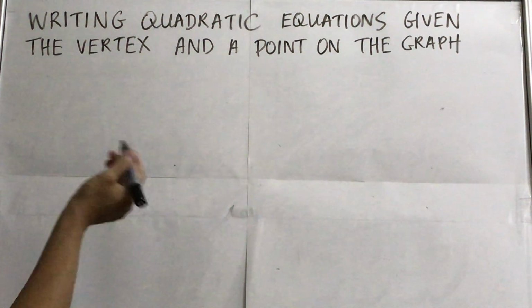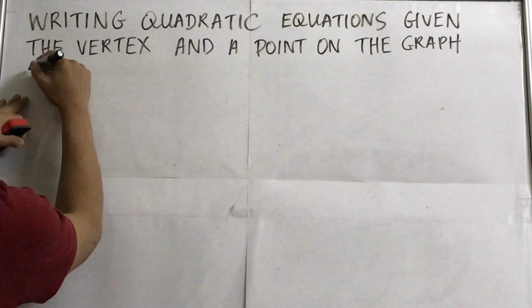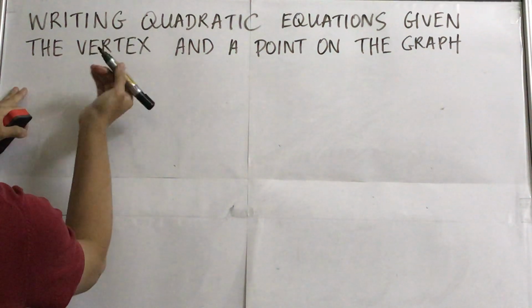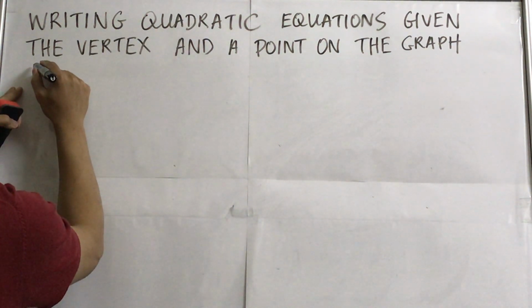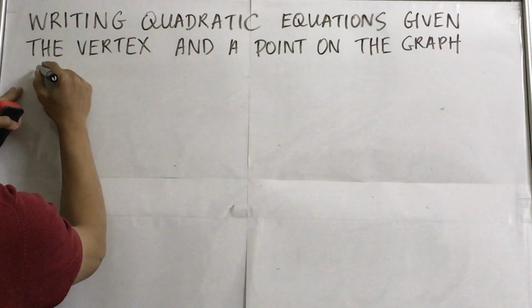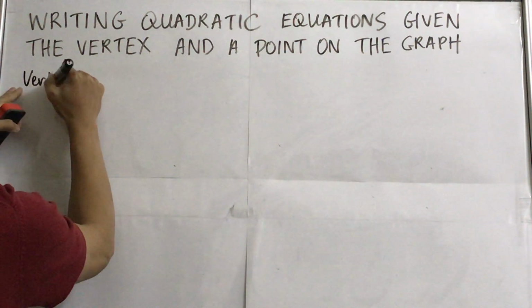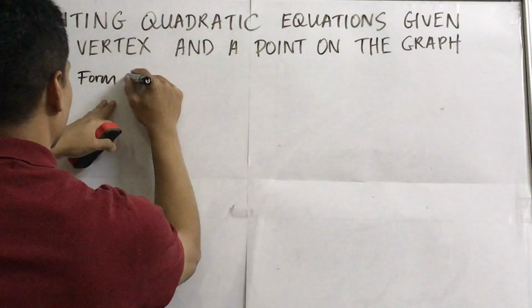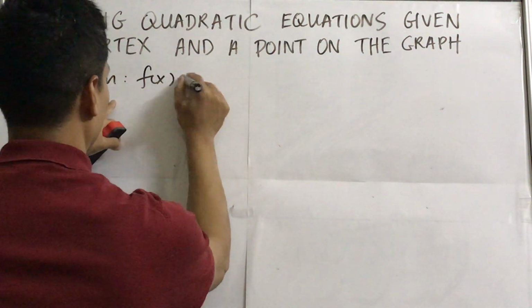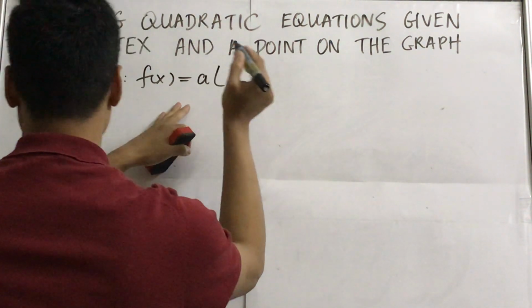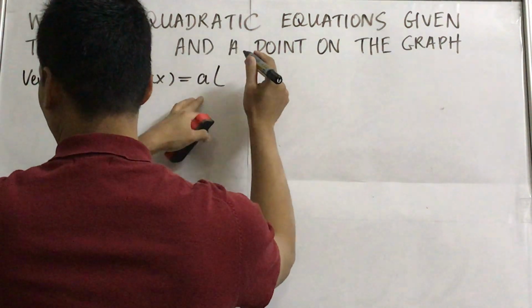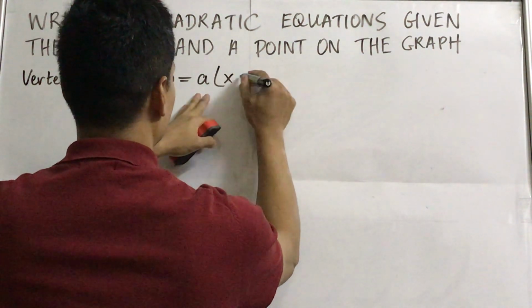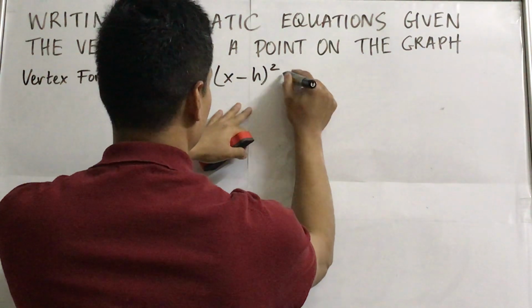Okay. Now in your independent practice, let's write the vertex form of the equation. f of x equals a(x minus h)² plus k.